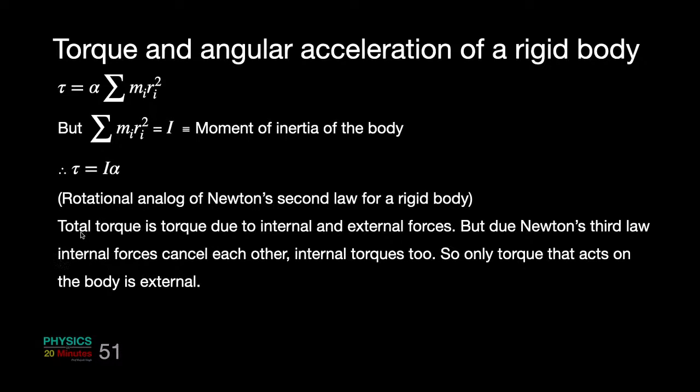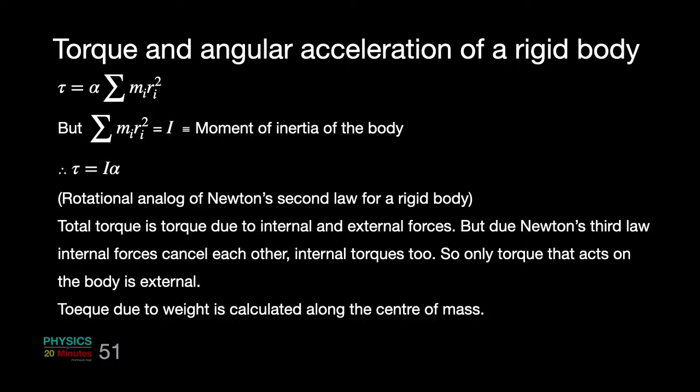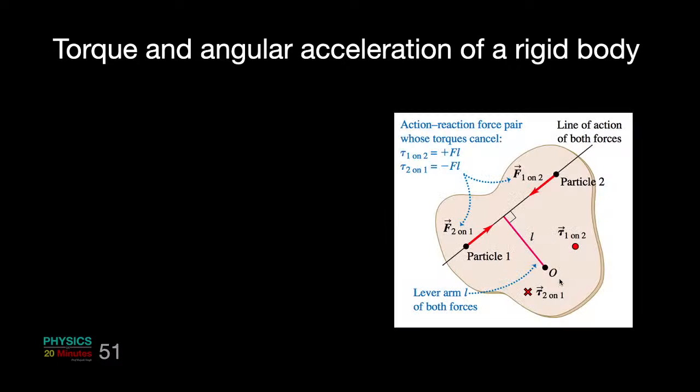Now remember, just like forces, the torque can also be due to internal and external forces. So I will demonstrate it in this diagram. Let us say that this is an arbitrary shaped body.